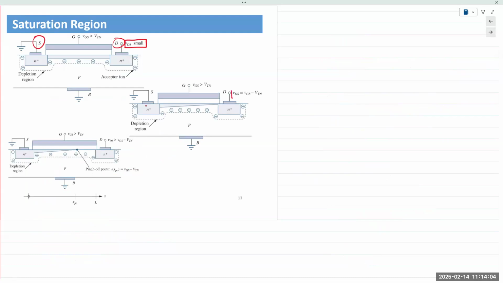And when VDS is equal to VGS minus VTN, the channel begins to cut off. Okay, channel begins to cut off.